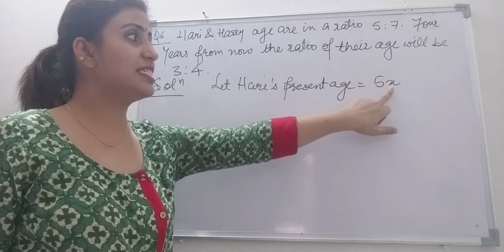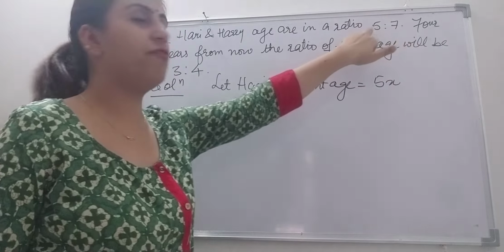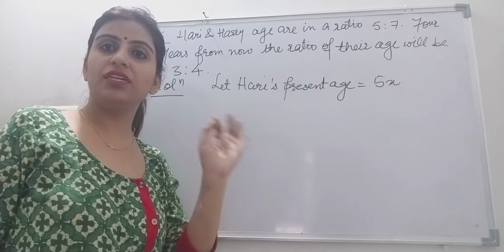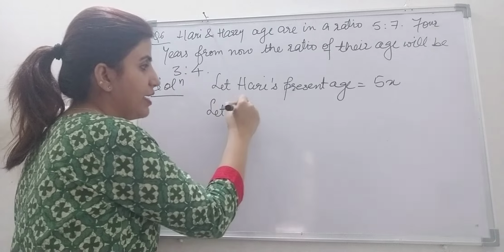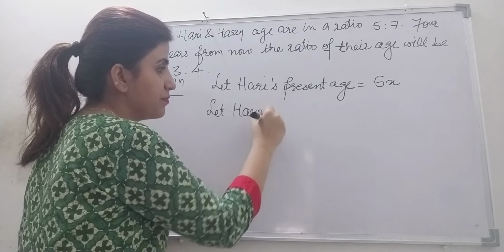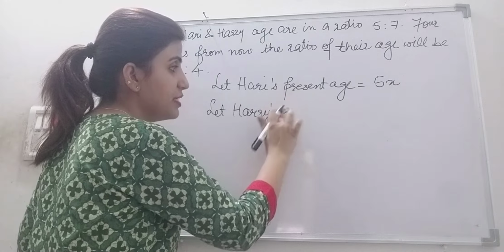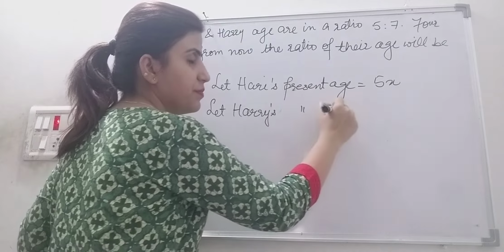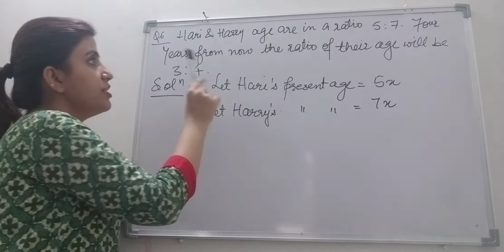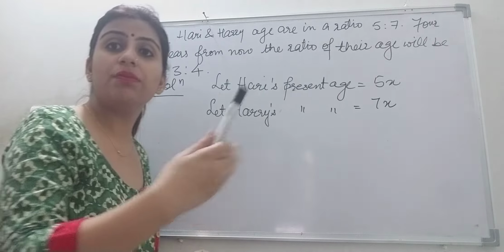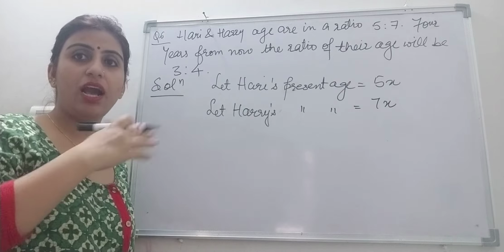So we will take the same number for the 7 and 5, so we can convert it into an age. Then let Harry's present age equal 7x.